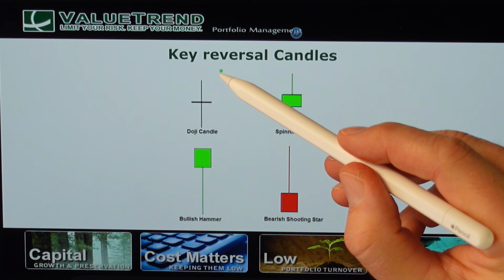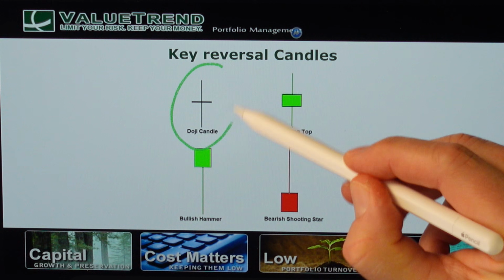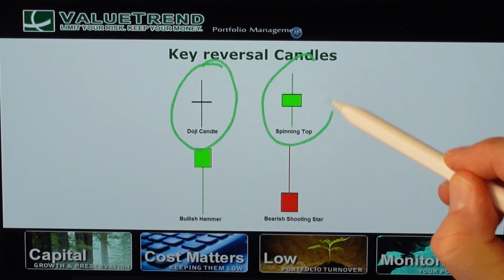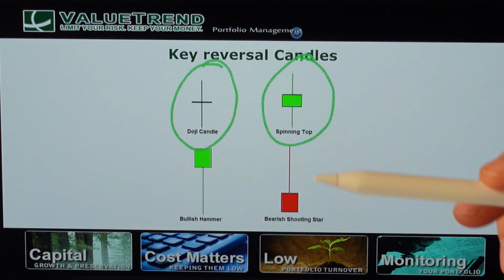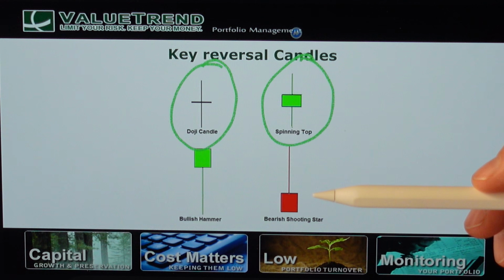So the first thing I want to look at is what's called Doji candles and spinning top candles. And really all that happens here is that you have a fairly volatile day with a lot of action over the day, but at the end of the day, you get either the same close as you had at the open or a very, very tight difference between the open and close.